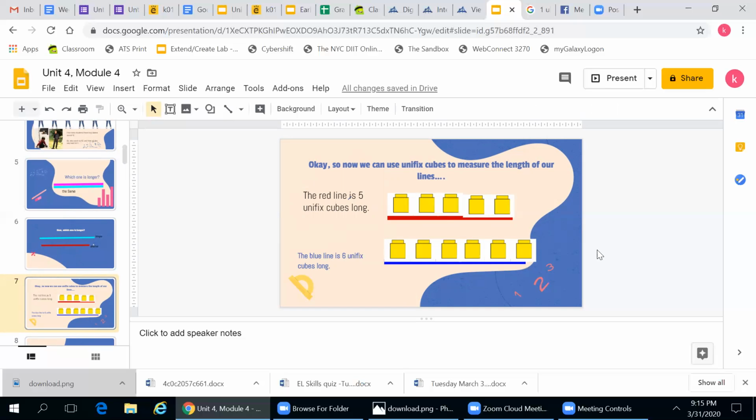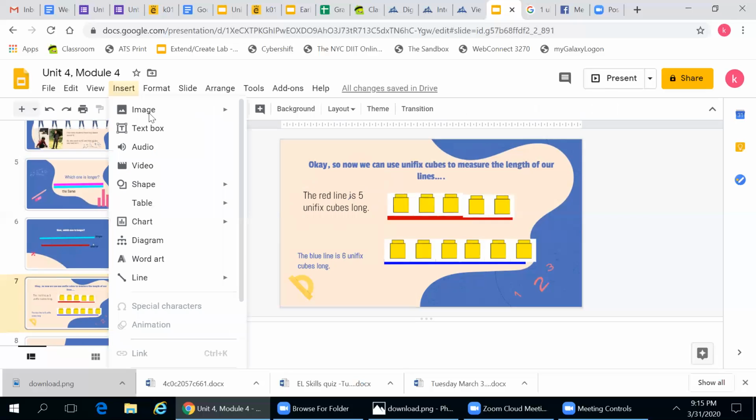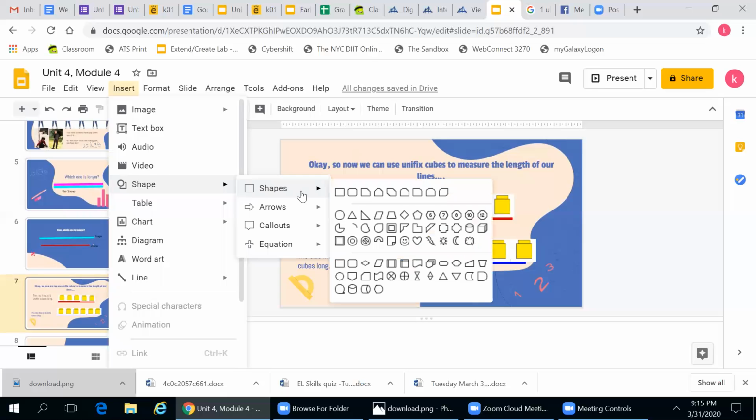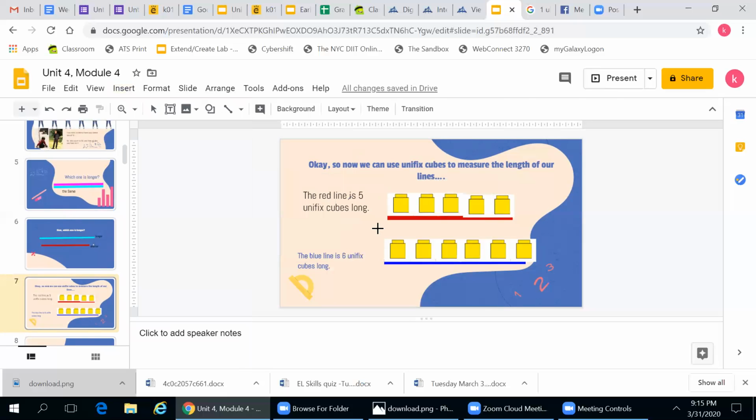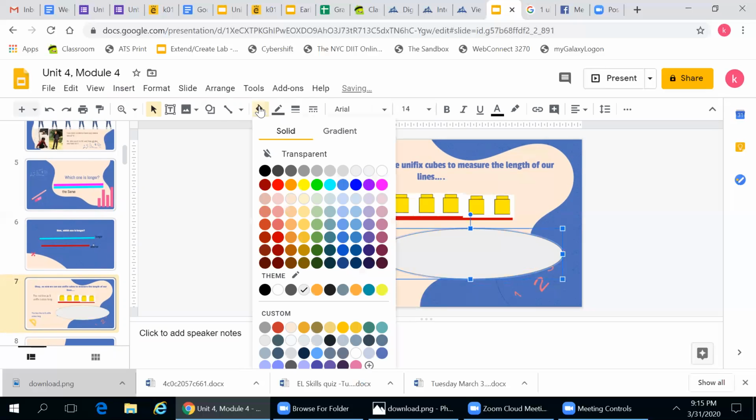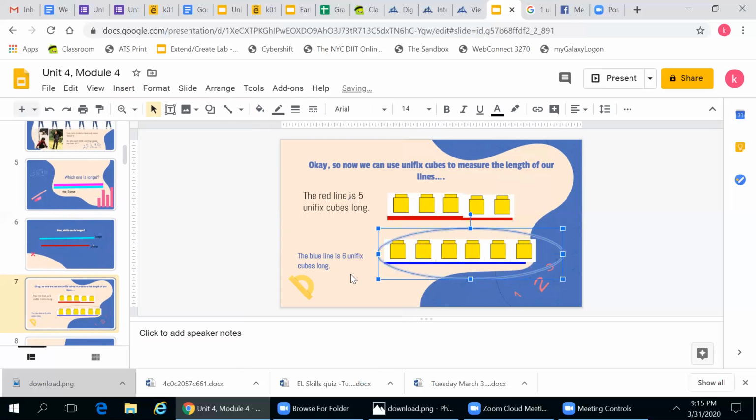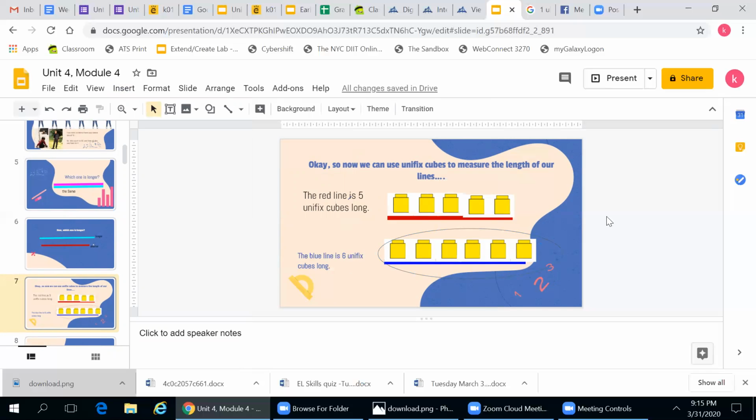It's this one. Wait a second. I can tell you. The line that is the longer one has the 6 Unifix cubes to show the length. That is the longer one, friends. And the shorter one is the one with 5 Unifix cubes.